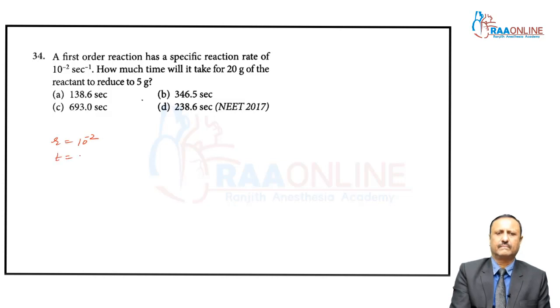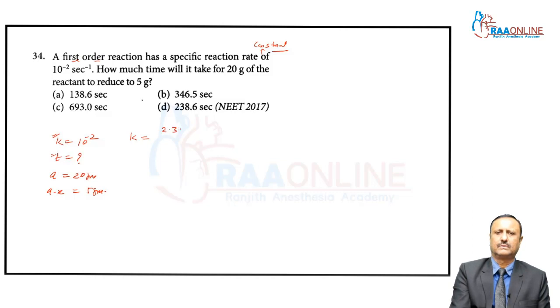He wants the time T it will take for 20 gram of the reactant, the initial concentration, to reduce to 5 gram, meaning A minus X is equal to 5 gram. Because he wants the time, K must be used for the calculation, because it is a first order reaction. So, we can use the formula of first order reaction.